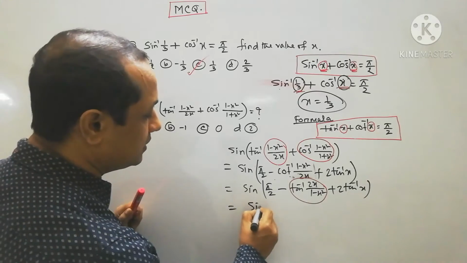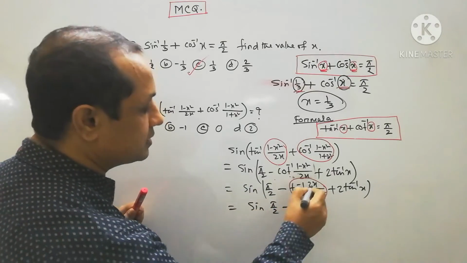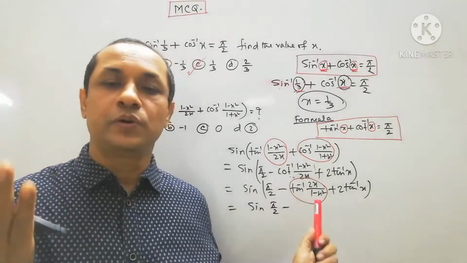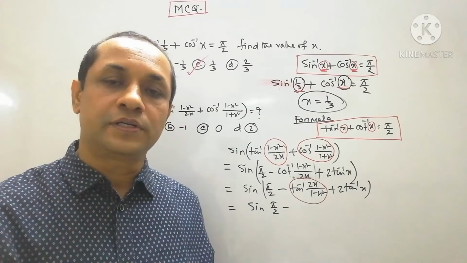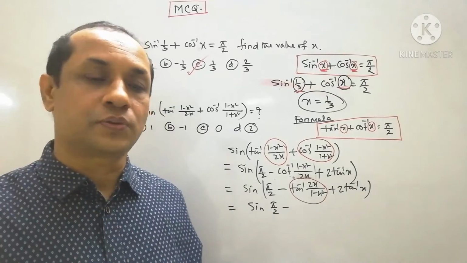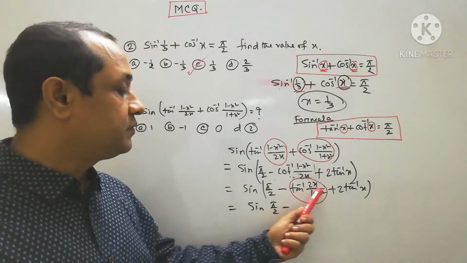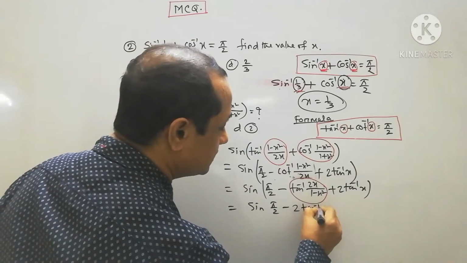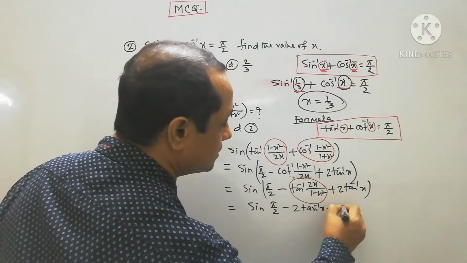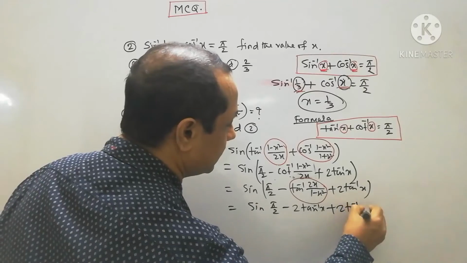Now we have sine of pi by 2 minus, then using the formula you have learned, student, 2 tan inverse x equals tan inverse 2x by 1 minus x square. So tan inverse 2x by 1 minus x square is 2 tan inverse x, then plus 2 tan inverse x.